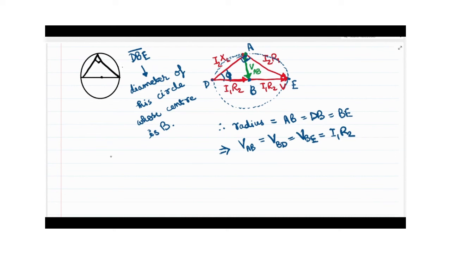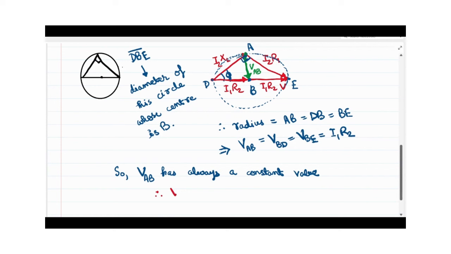So VAB always has a constant value. Therefore, V1 equal to V2, which basically means V1 by V2 equal to 1.